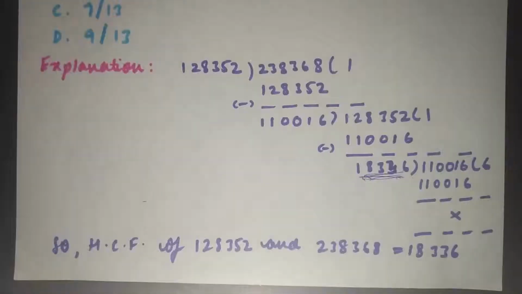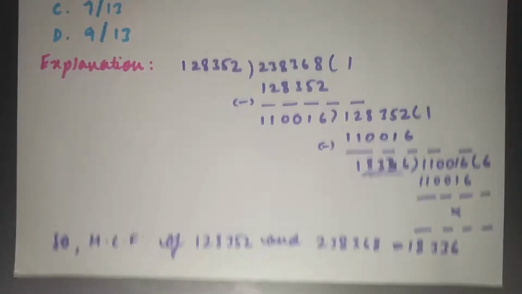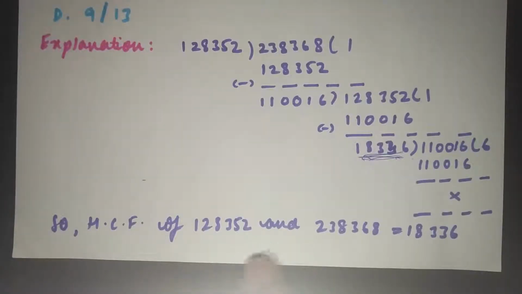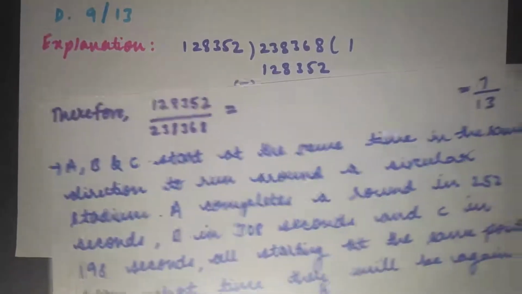Now we divide the numerator and denominator by the HCF we found. So we get 128352 divided by 18336 as 7, and 238368 divided by 18336 as 13. So the reduced form of the fraction would be 7 by 13.